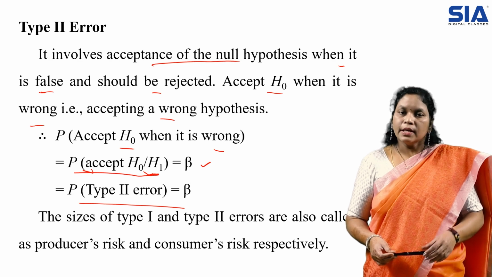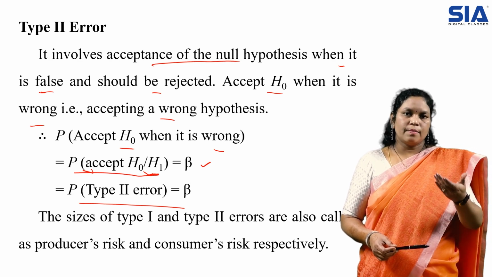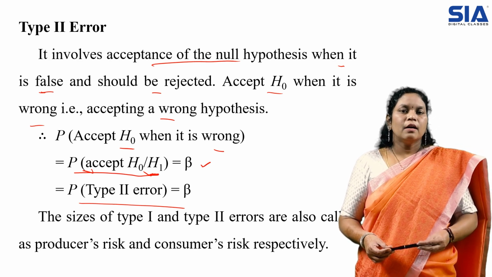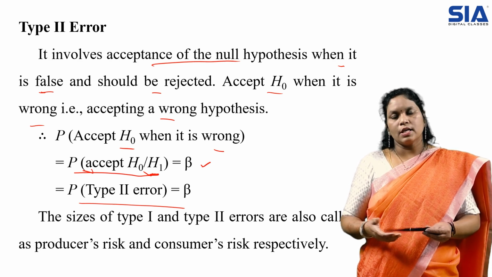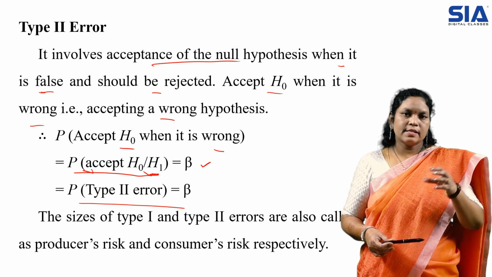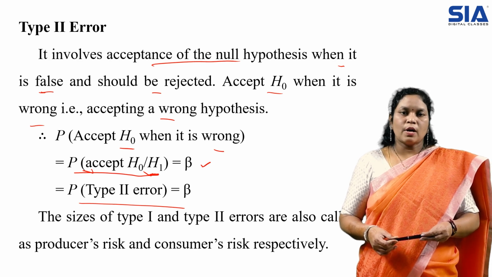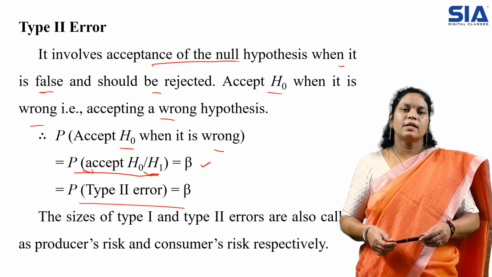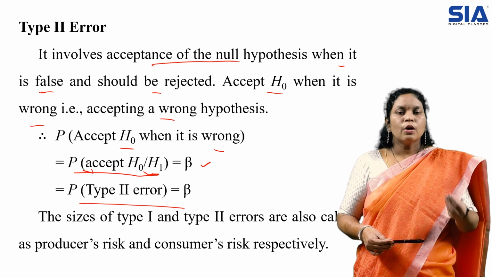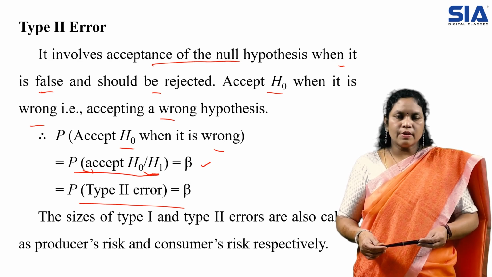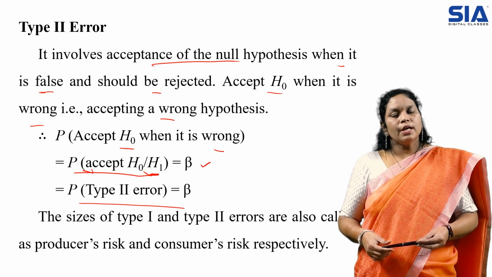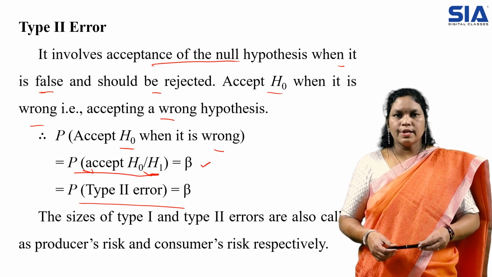Take medicine as an example. If you consider medicine is good as the null hypothesis, the opposite, medicine is bad, is the alternative. Actually the medicine is good under the null hypothesis, that is a correct hypothesis, but I'm rejecting it. Like that you can give examples if they ask.